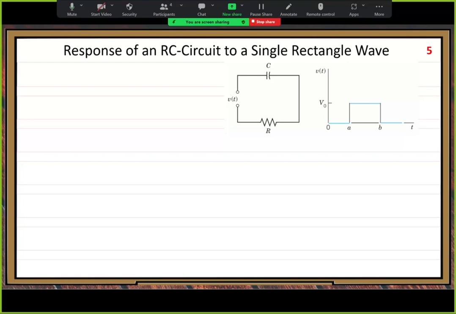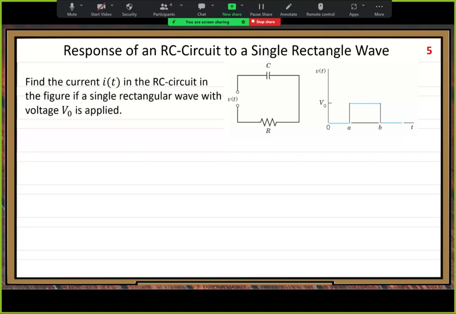So it's called a single rectangle wave. Okay, single wave first, then rectangle wave. Here you can see we can use that unit step function to model it, to write the exact form of this one. Okay, all right. So let's look at the question.